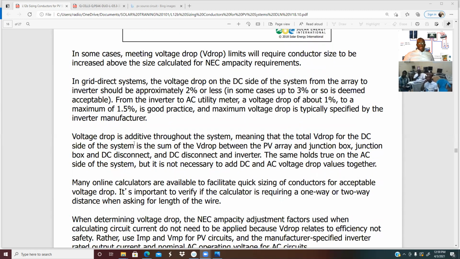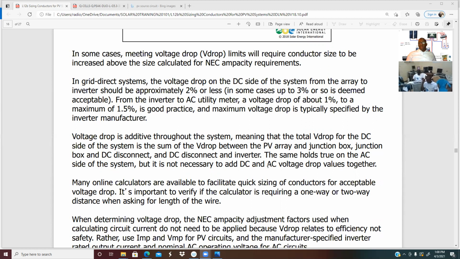Voltage drop is additive throughout the system, meaning that the total V drop on the DC side of the system is the sum of the V drop between the PV array and the junction box, the junction box and DC disconnect, and the inverter. The same holds true on the AC side. So you will have a voltage drop, but what matters is that you keep it to a minimum.